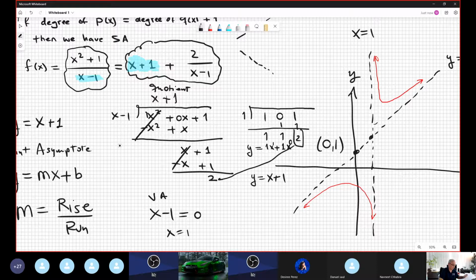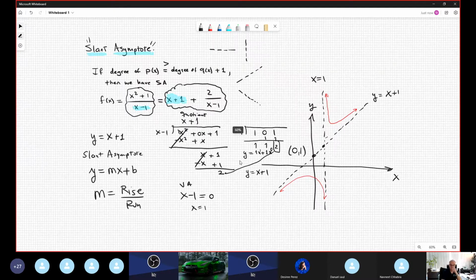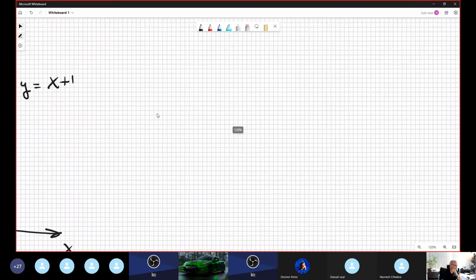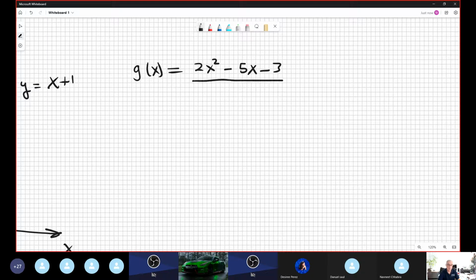One more example about slant asymptotes. One more. Easy, not complicated for you. Suppose the function g is equal to x squared minus 5x minus 3 divided by x minus 2.